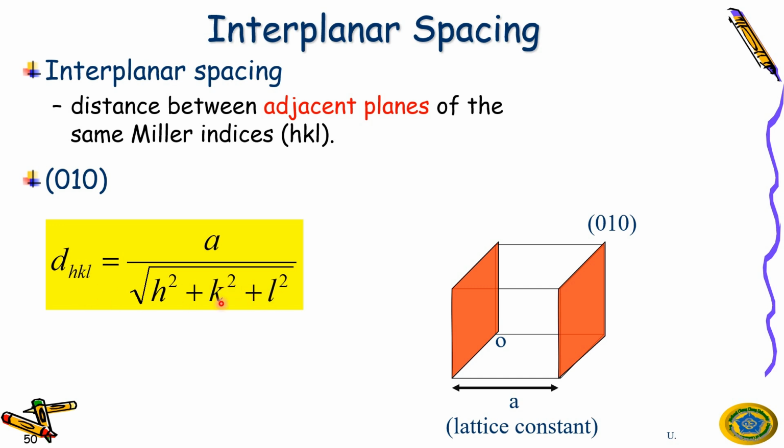What's HKL? HKL is this one. For example, if I say please find the interplanar spacing of the plane 0, 1, 0, then you put these numbers here for HKL, and you get A.